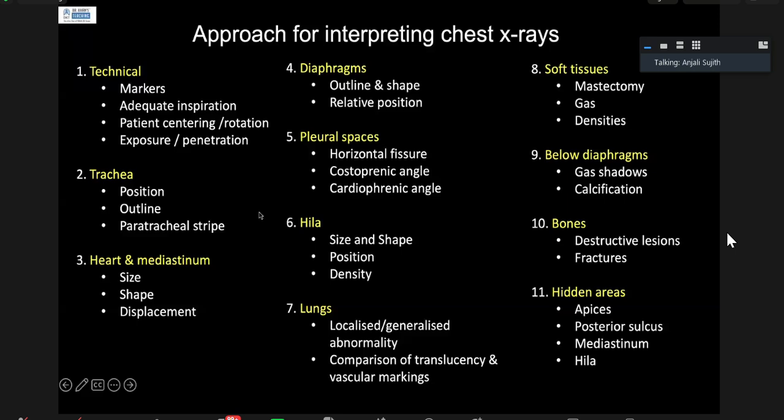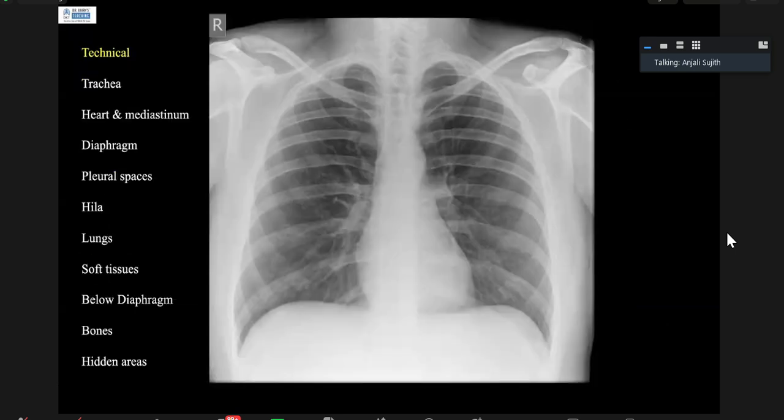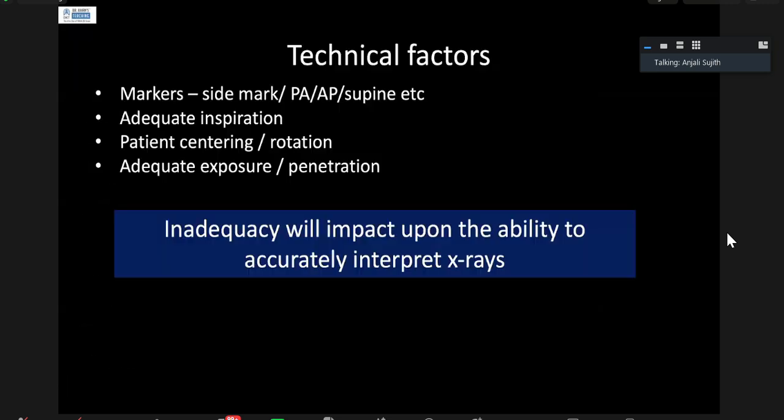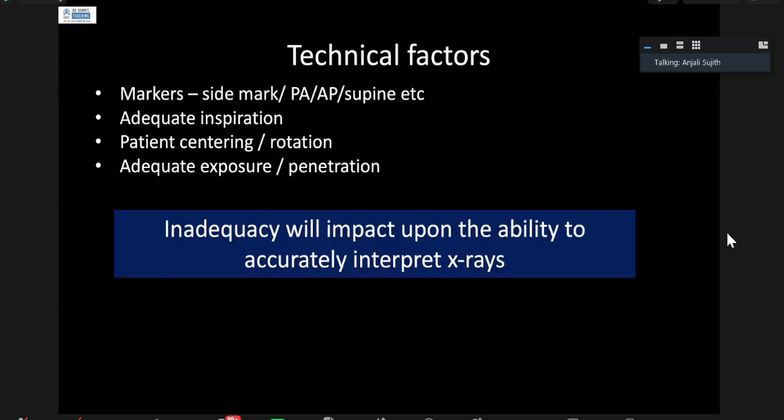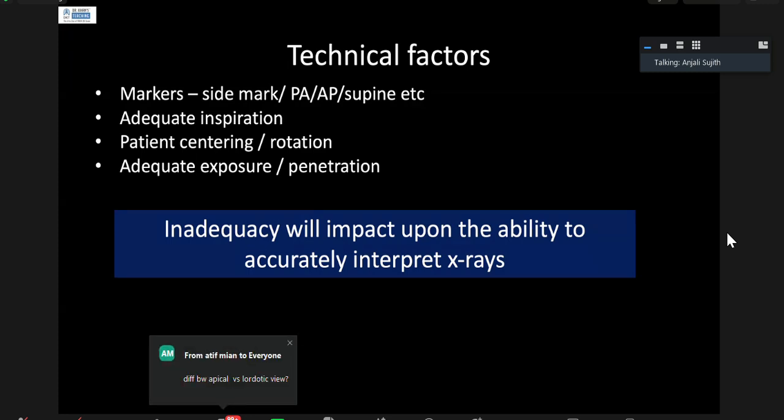So first we are going to start with the technical markers. What do we mean by technical markers? Technical factors include four mainly. One is markers. On the X-ray, you will be able to see certain markers, certain labels, which will show you what the projection was.